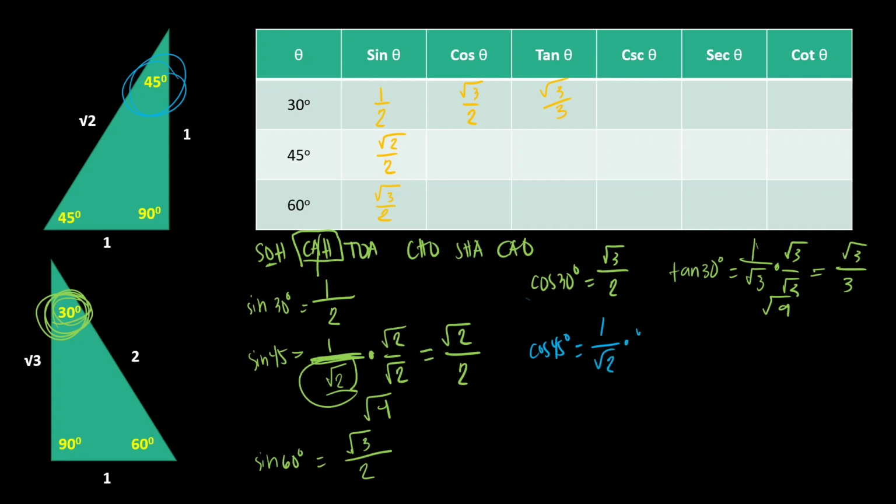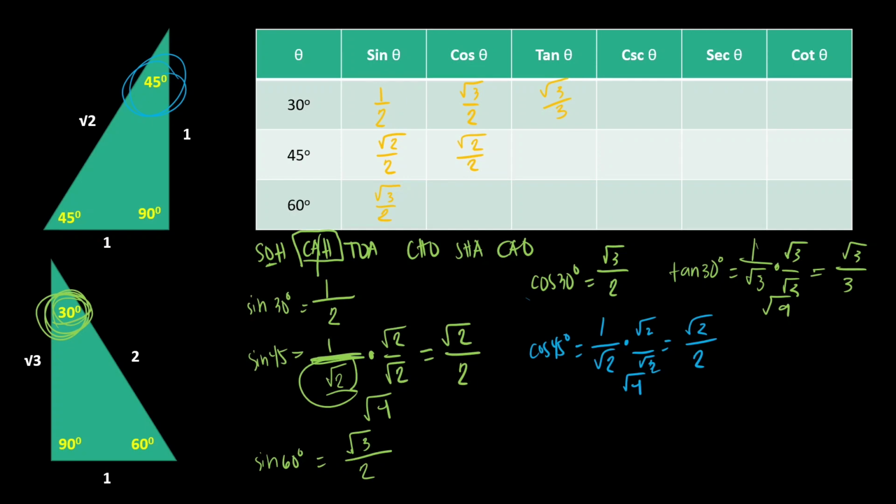So rationalize: square root of 2 over 2, since square root of 2 times square root of 2 is square root of 4, which is 2. So the answer is square root of 2 over 2.